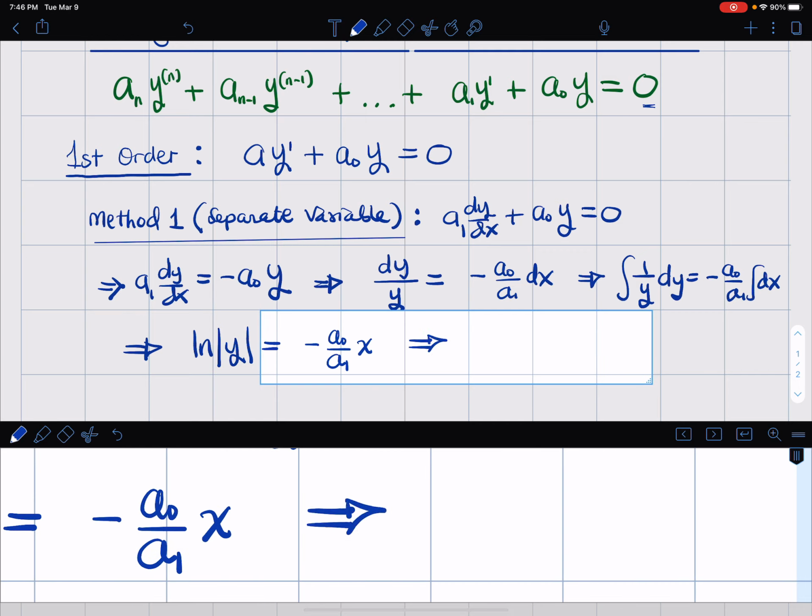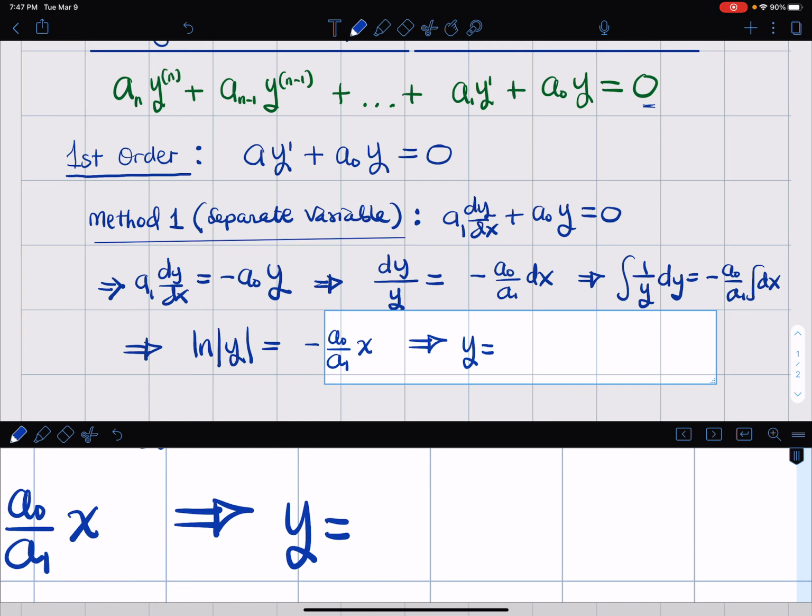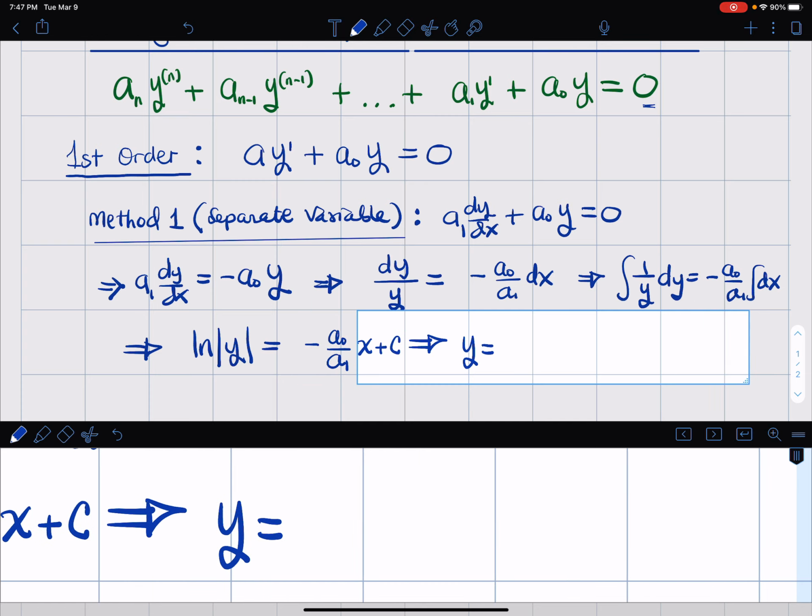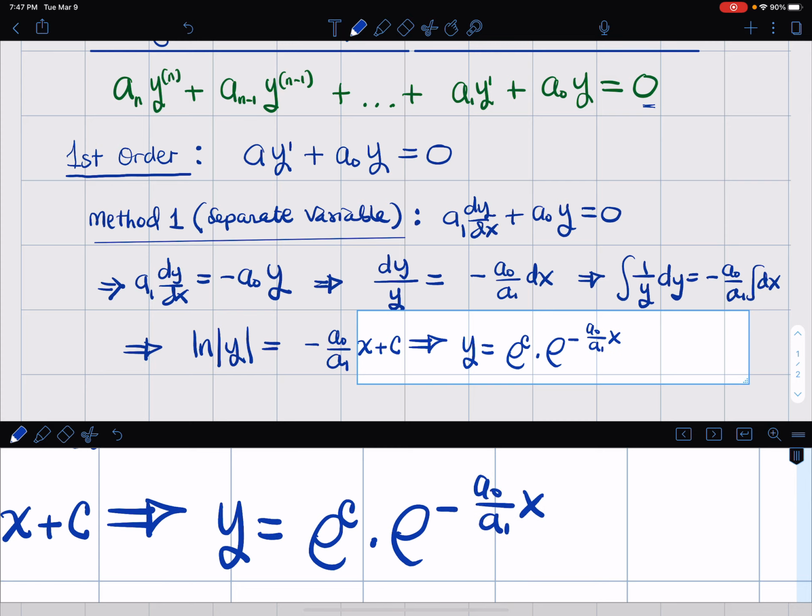And this tells us that y is equal to e to the c times e to the negative a0 over a1 x.